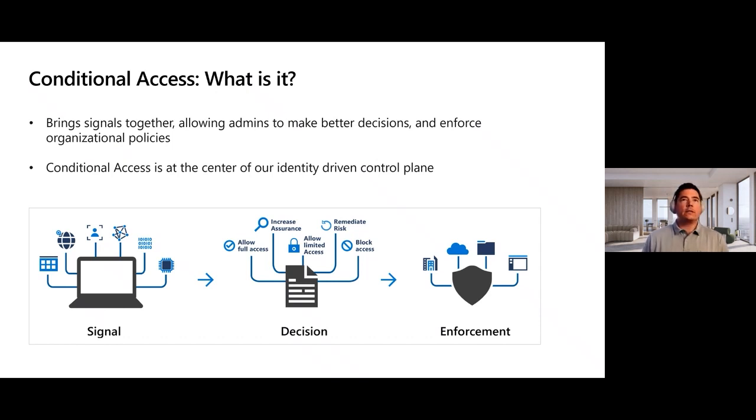Most important for today's discussion is whether that's requiring multi-factor authentication for access or blocking access or whatever those might be. It's the center of the Entra-based identity-driven control plane and really how we think about admins configuring these types of requirements.